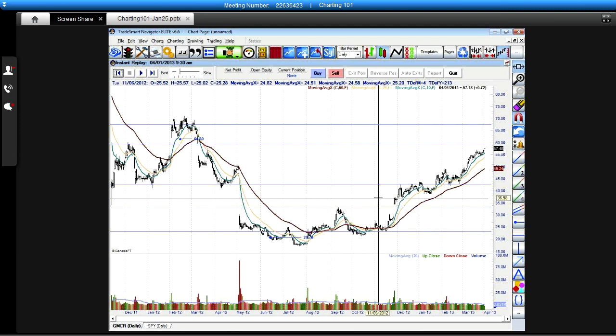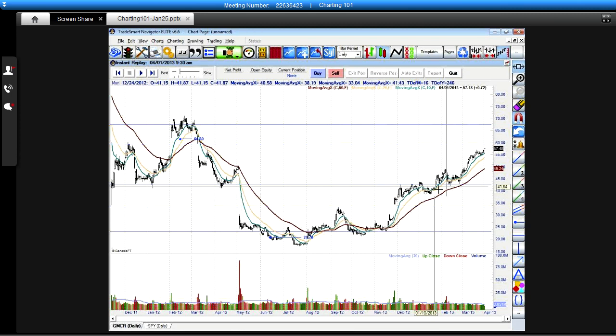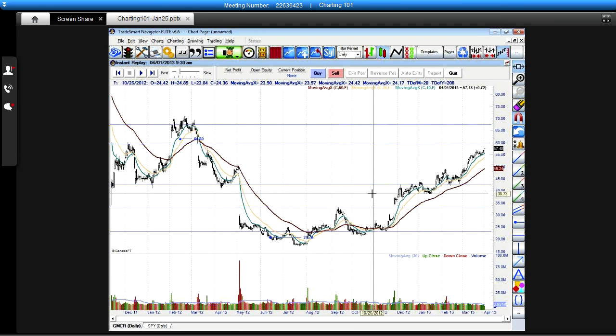So once it broke this area, you could have gotten in and made $17 on your trade easily. $20 at this point. So it's a good way to practice, work out your ideas and solidify your trading practice.